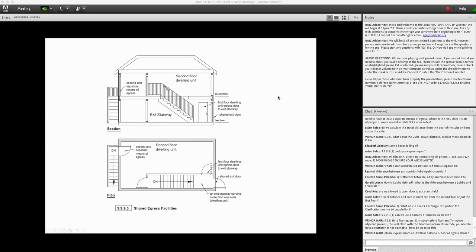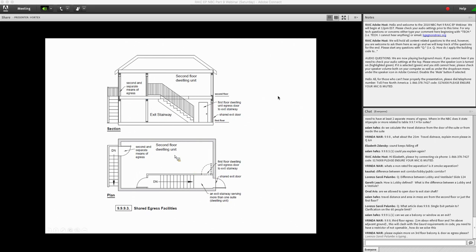So again, as an example, we have a second floor dwelling unit and then we have a first floor dwelling unit. The second floor dwelling unit is discharging through an exit stairway that is shared with the first dwelling unit. Because of that, we need to provide a second and separate means of egress because we have a shared egress facility.